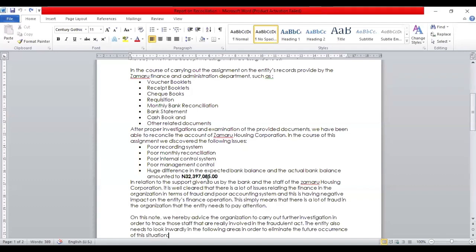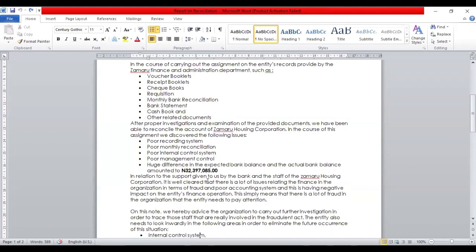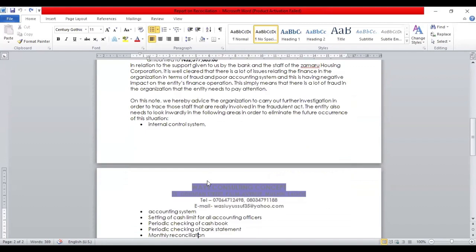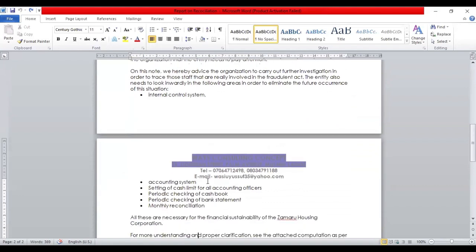The entity also needs to look inwardly in the following areas in order to eliminate future occurrence of this situation: internal control system, accounting system, setting of cash limit for all the accounting officers, periodic check of cash book, periodic check of bank statement, and monthly reconciliation.